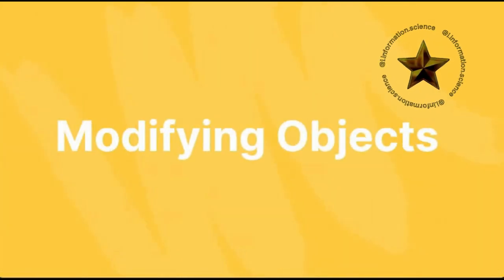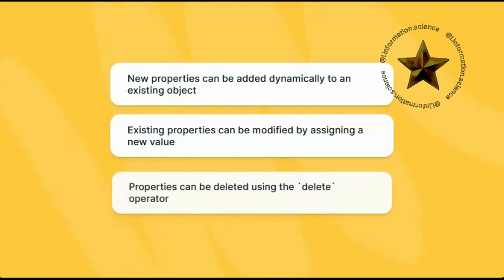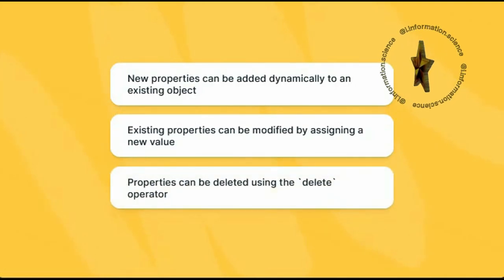Modifying objects. New properties can be added dynamically to an existing object. Existing properties can be modified by assigning a new value. Properties can be deleted using the delete operator.